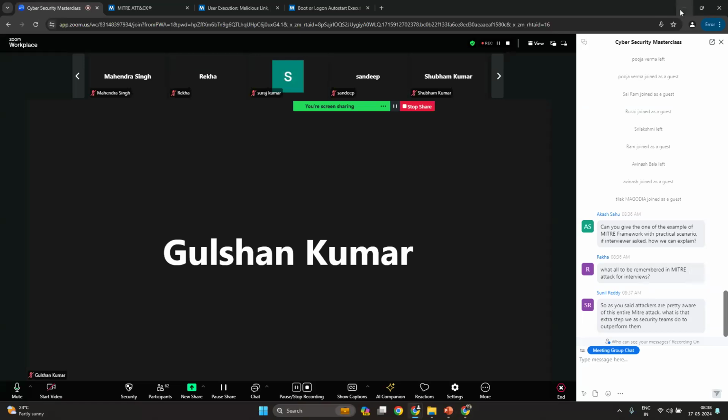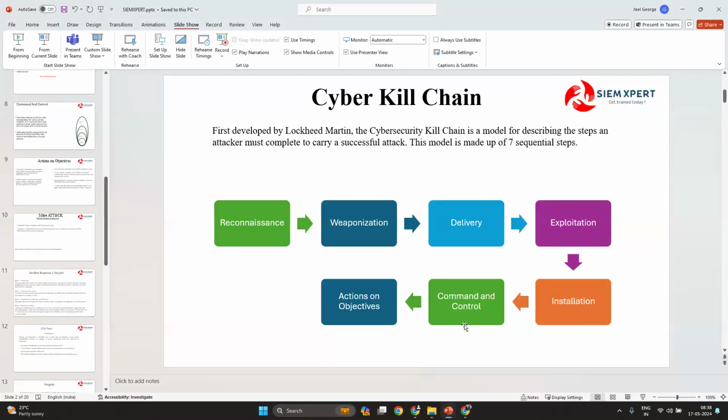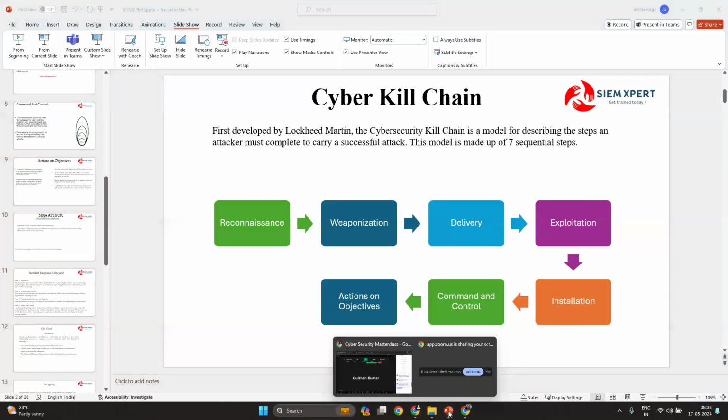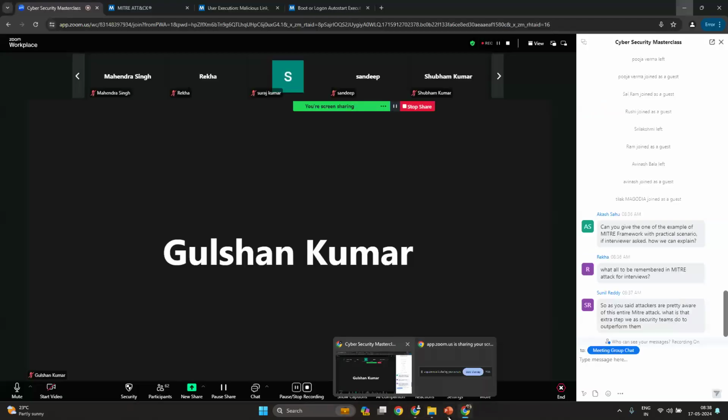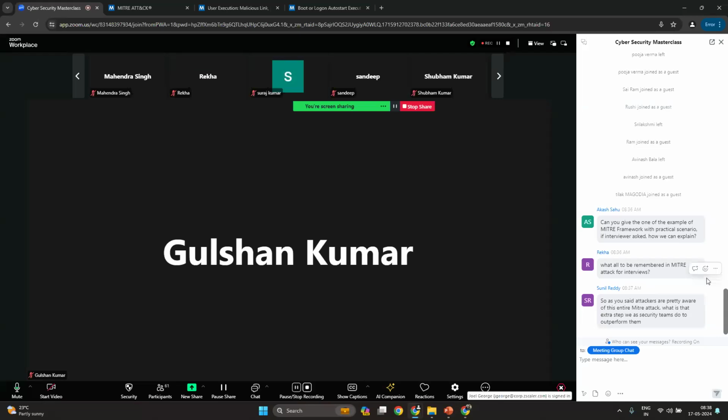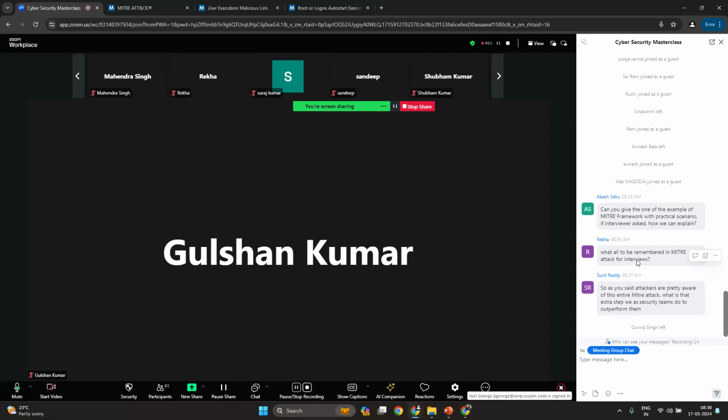Okay, your SIEM solution cannot recognize it now. So MITRE gives you a holistic approach, and your SIEM solution would not be able to recognize a lot of it. It's wholly based on detection engineering.